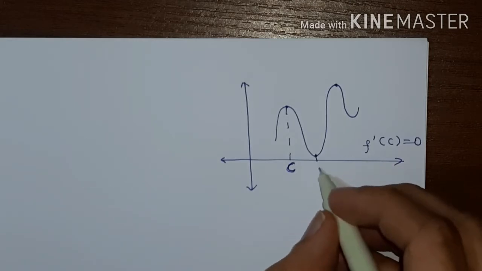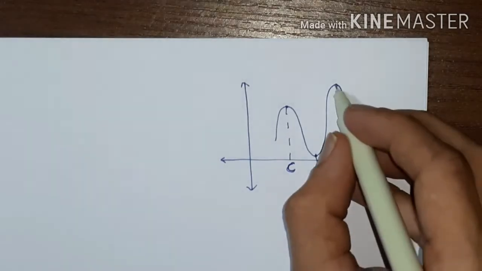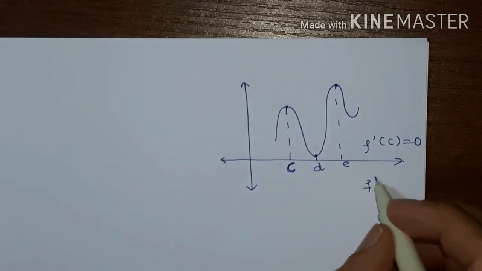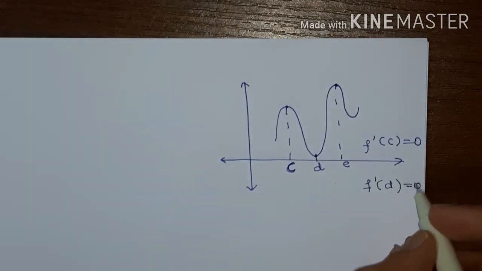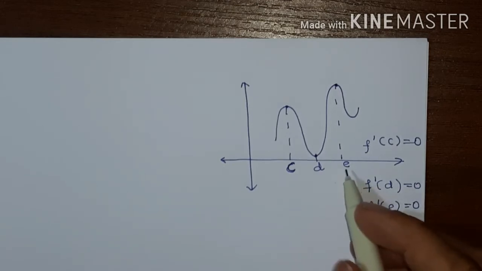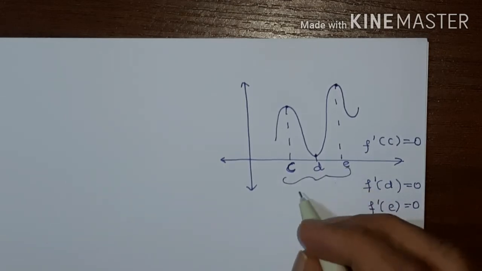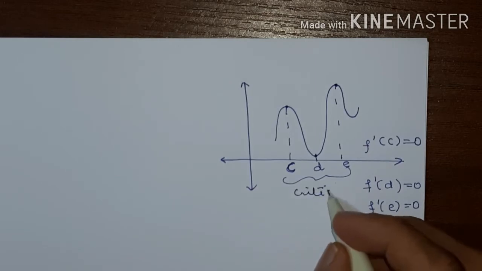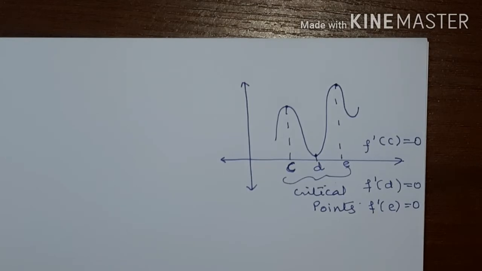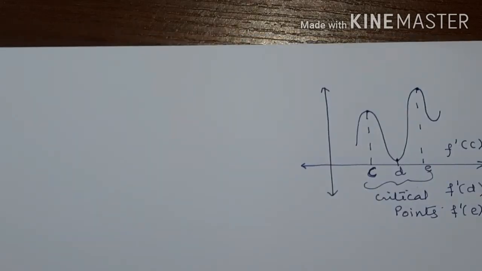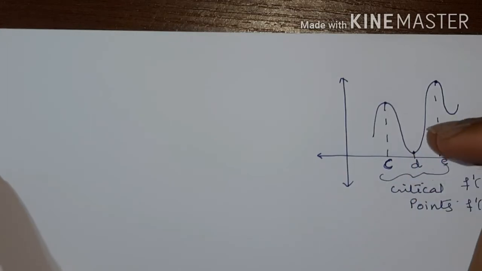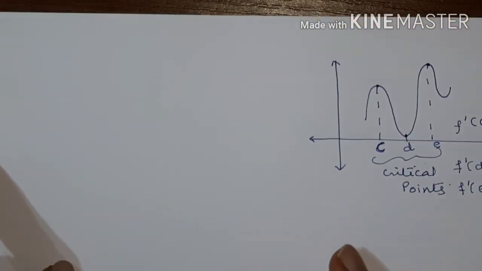Here also, suppose you have D, and here suppose there is E. So you have to check whether the function has points of this type. These are the critical points. So you have to check whether the function has critical points, to check whether the function has local maxima or local minima.